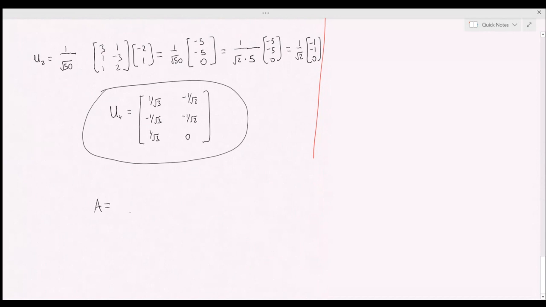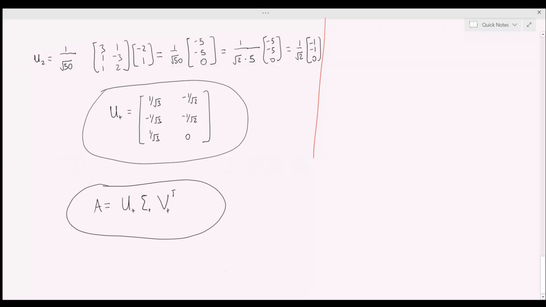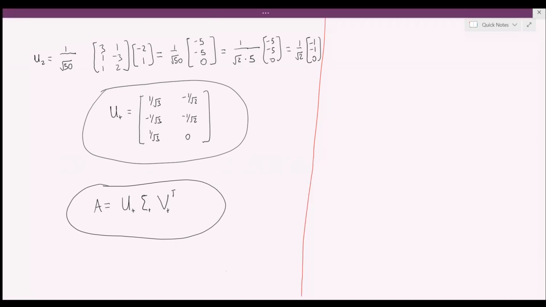So if you were to multiply it out, like U plus times sigma plus, and then times V plus transpose, that product should give you the original matrix A, all right? Okay, so it's a pretty long procedure. Do you guys have any questions about that?